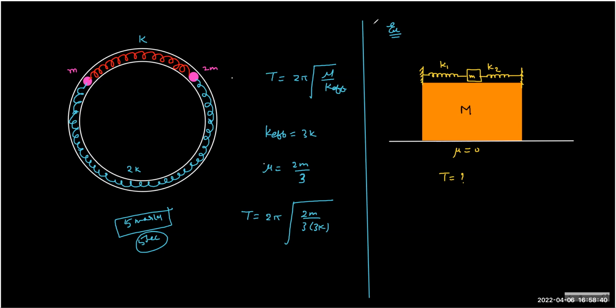So now, after drawing the FBD for both the blocks and writing the equations, then what do you do? Choose one of the blocks as the reference.